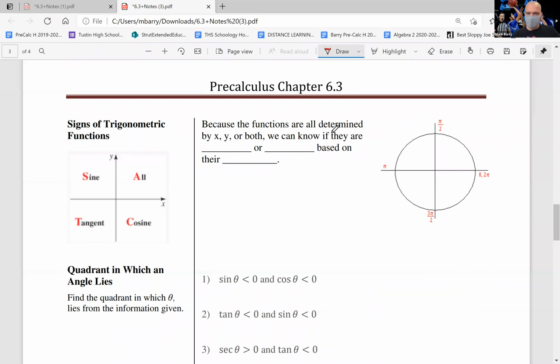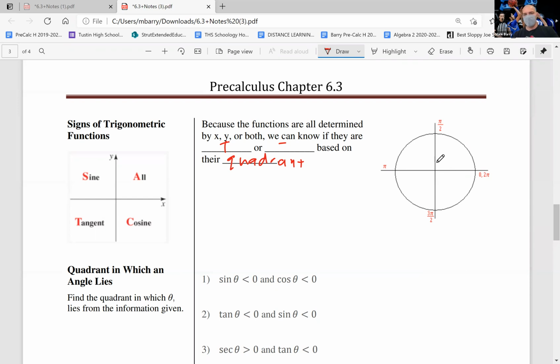Okay, so because the functions are all determined by x, y, or both, we can know if they are positive or negative based on their quadrant. So we have the unit circle over here.